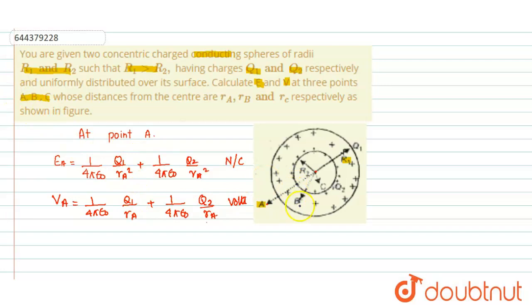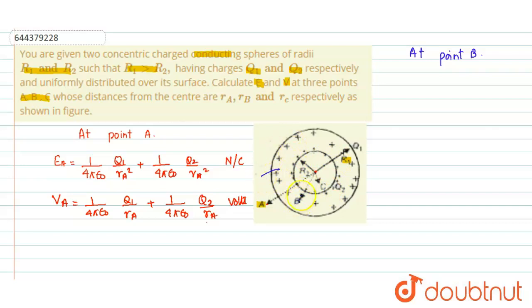Now let us find at the point B. The point B is inside this conductor. So the electric field at B will be due to the inner conductor only. Why? Because inside a conductor the electric field never exists.